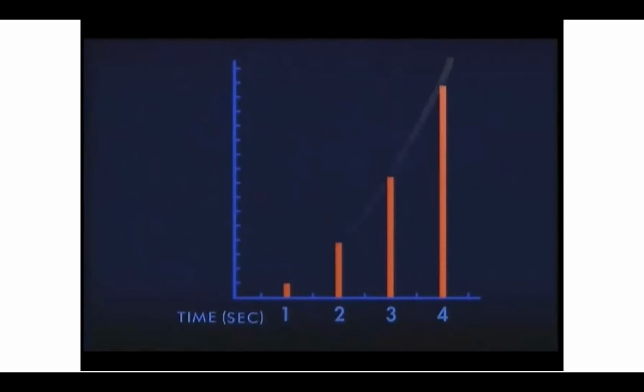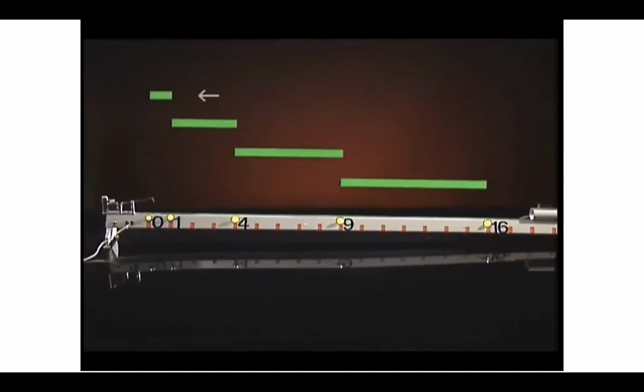We will move this distance up to a graph to keep track of position versus time. Does position change linearly over time? Next, we will graph the average velocity of the ball during 5 different intervals to see how velocity varies as the ball rolls down the incline. The ball moved this far during the first second. It moved this far during the next second. This far during the third second.